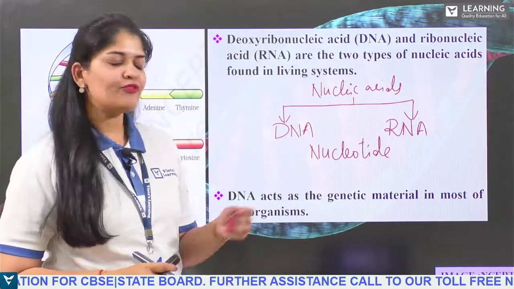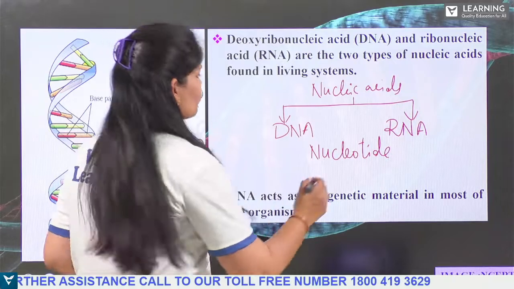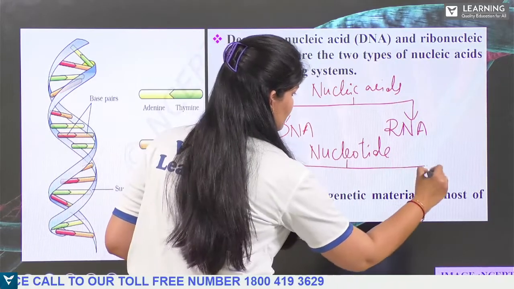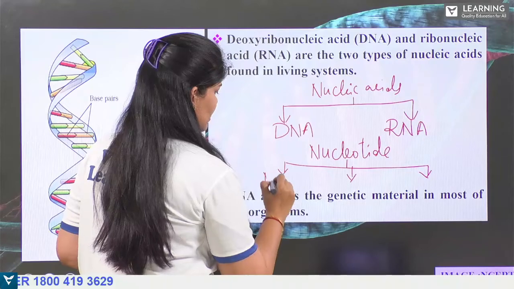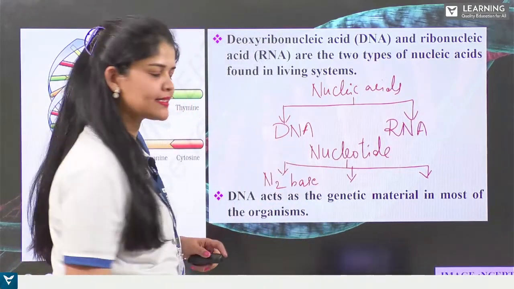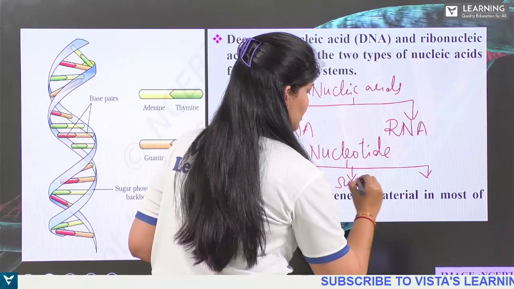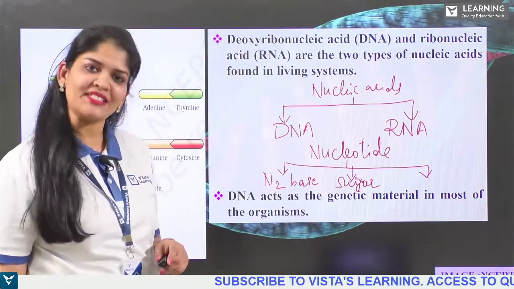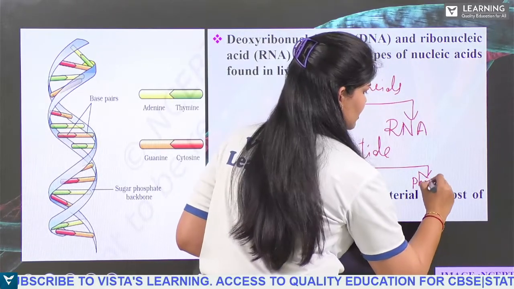See, every nucleotide will have three components in it. What are they? Nitrogenous base or nitrogen base, sugar in the form of pentose sugar, that is ribose, and phosphate group.